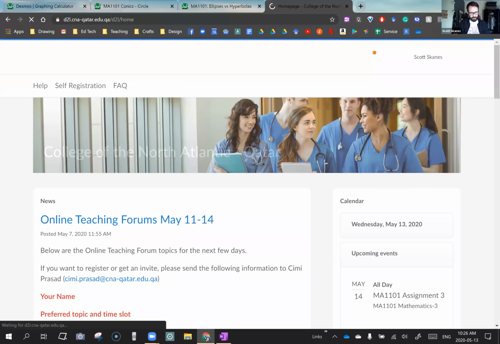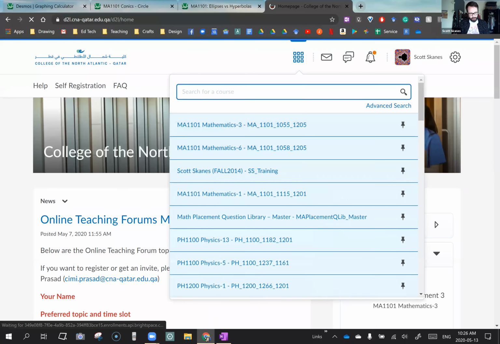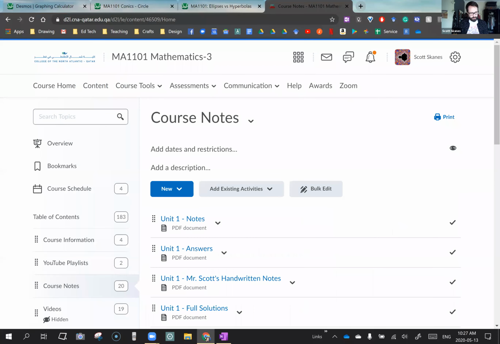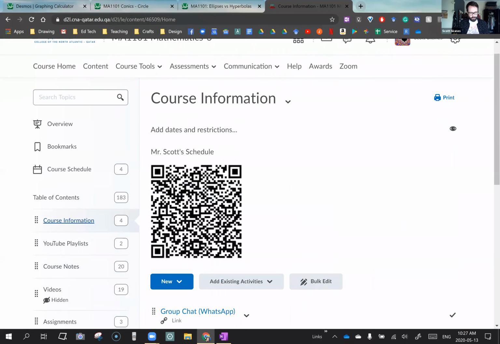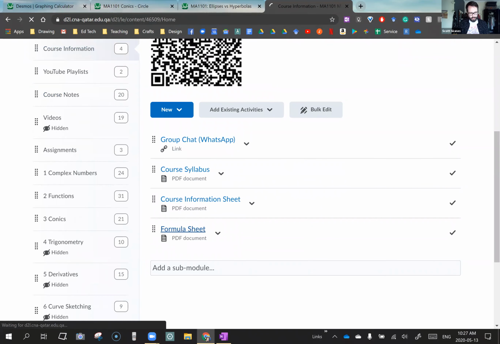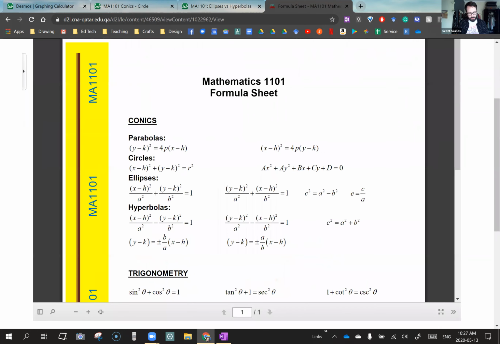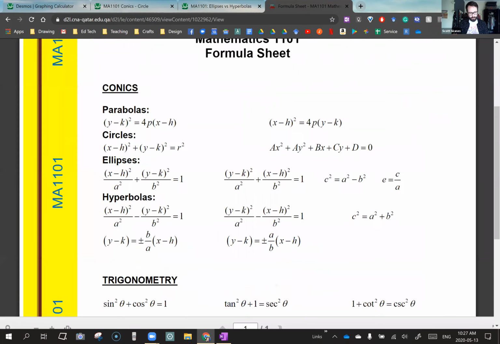If you go into D2L, I may or may not finish the last question, but I'll see. If you go into D2L and you go into content, under course information are all the formulas, and there's actually not that many in this course. The formula sheet is there, and you can have this to the side. So everything you need would be there.